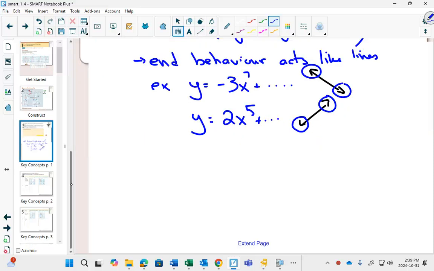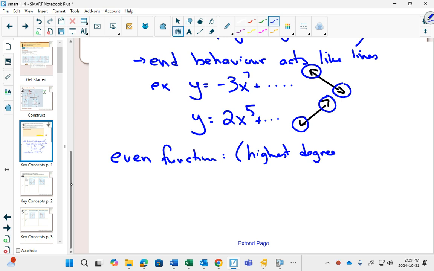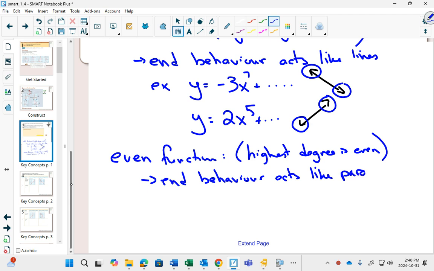If you have an even function, which means that your highest degree, sorry, not leading coefficient, the highest degree is even, then the end behavior acts the same way as when we did parabolas.